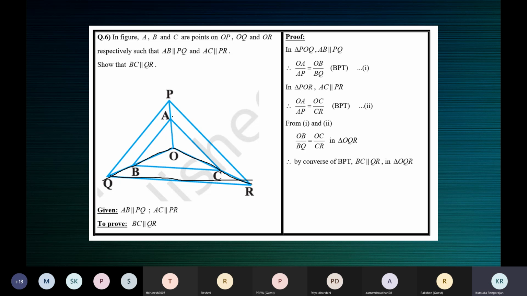Since we know that OP is a side common to both the triangles, very consciously we write OA by AP, here also OA by AP. So from these two we have a new proportion: OB by BQ is equal to OC by CR. So by converse of BPT, BC is parallel to QR.